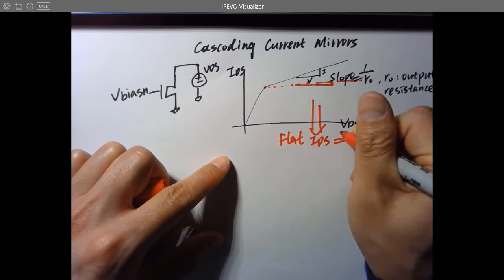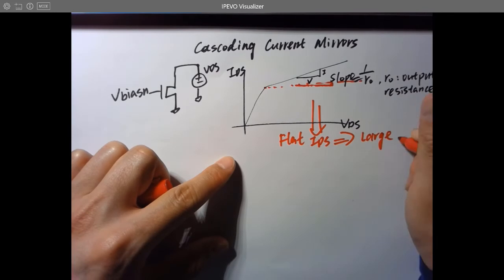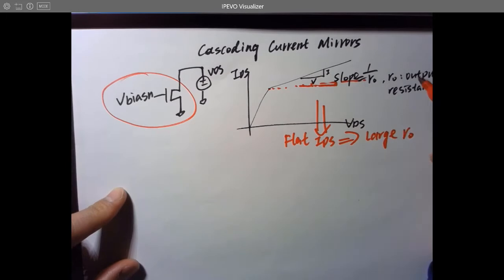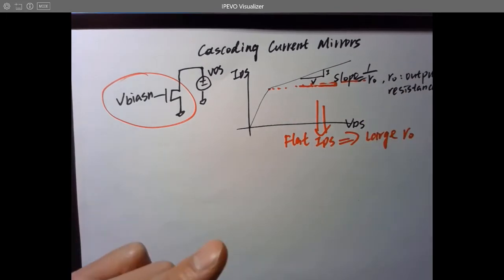IDS, then we need a large RO. But however, if you only have one NMOS, RO is not that large. You have a slope, you have a ramp over here.